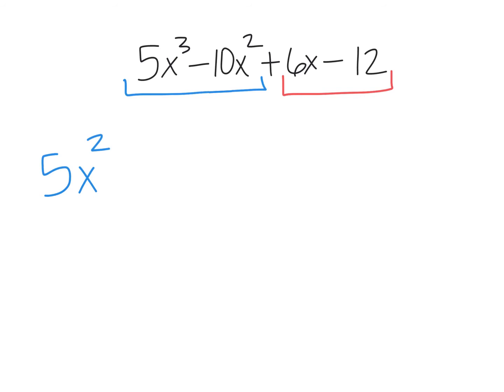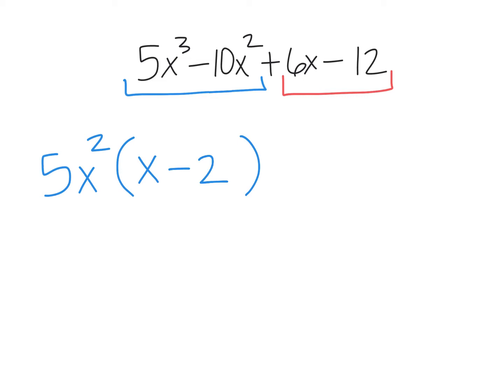Well, we need to multiply this times something to get what we came from. And what we do is like a reverse distributive property. 5x squared times x gives me 5x cubed. 5x squared times something is going to give me negative 10x squared. And that something is negative 2.